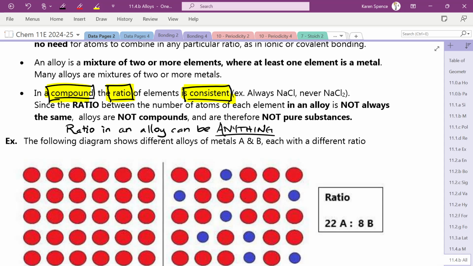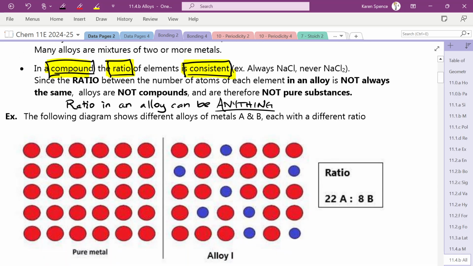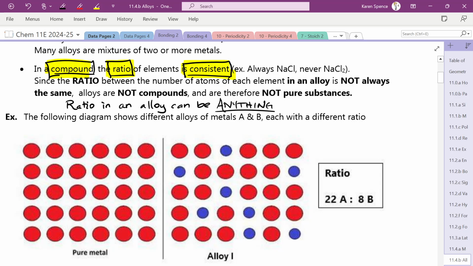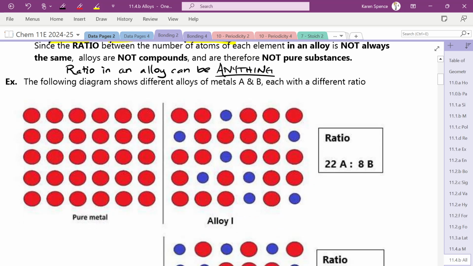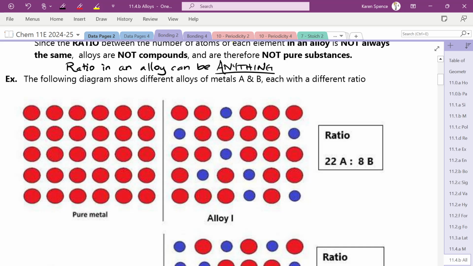So if we look at our pure metal, which is the red metal, or the larger dots, we could have a ratio of 22 to 8. Each of these represents an atom.